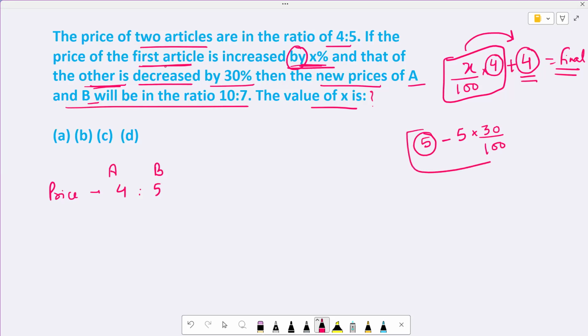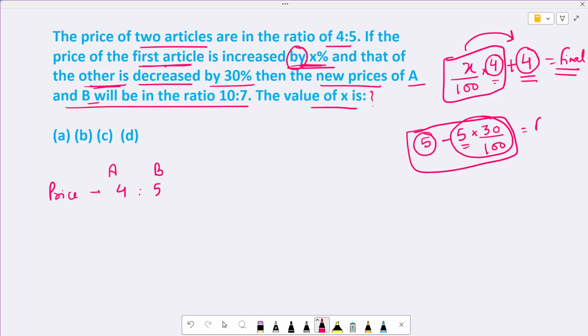So from the original price we will subtract the decrease that is happening, a decrease of 30%. Now 30% of what? Obviously 30% of the article's original price. That is why we are writing 5 here, and 4 here, because whenever the change happens, it always happens on the original price of the commodity.